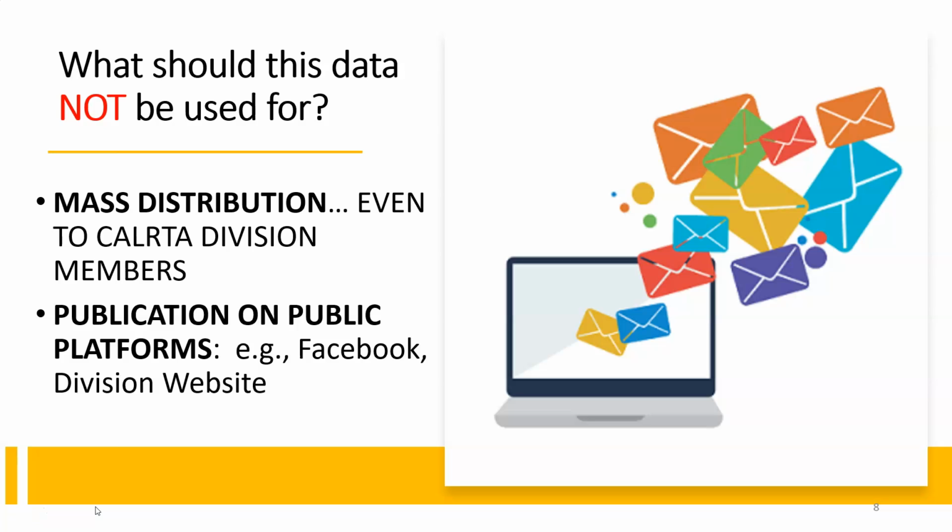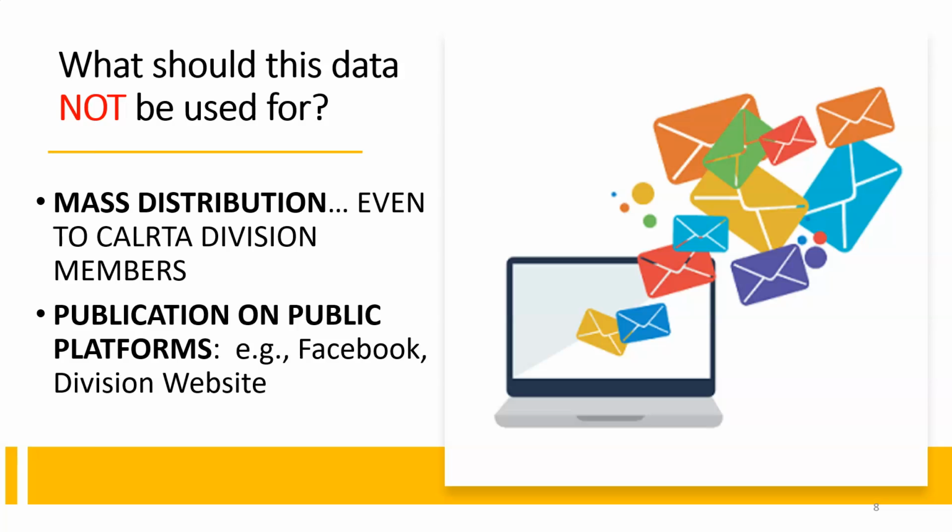I've mentioned what the file is typically used for, so now let's talk about what it is not to be used for. Now, this data file is not intended for mass distribution, period. It should not even be sent or forwarded in its entirety to CalRTA division members.